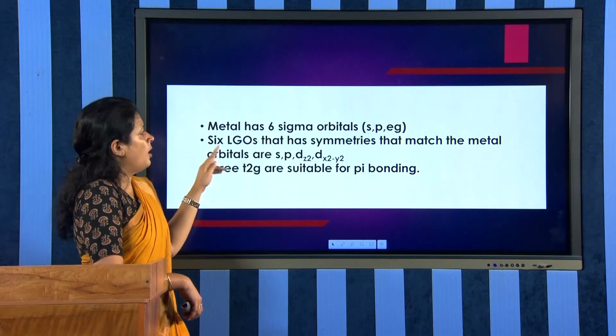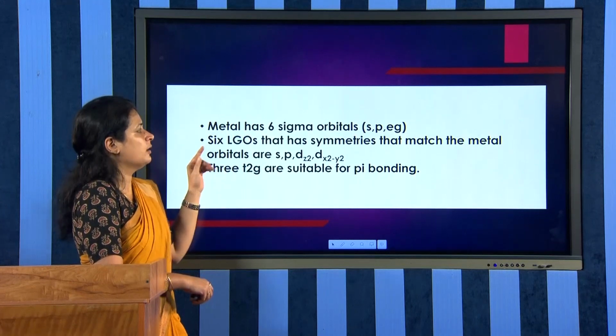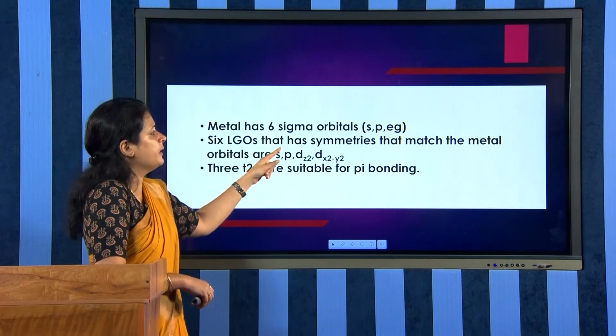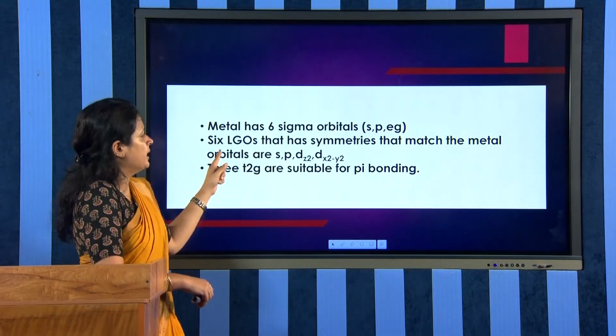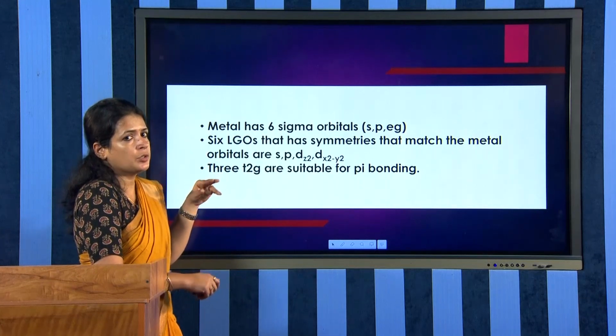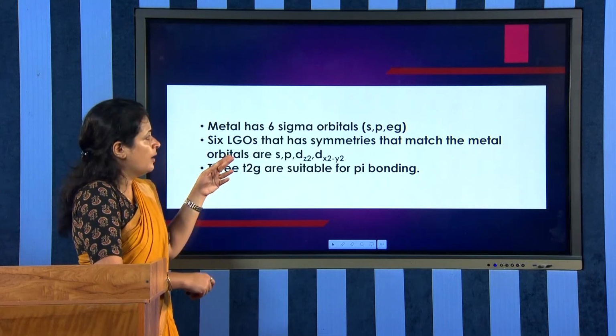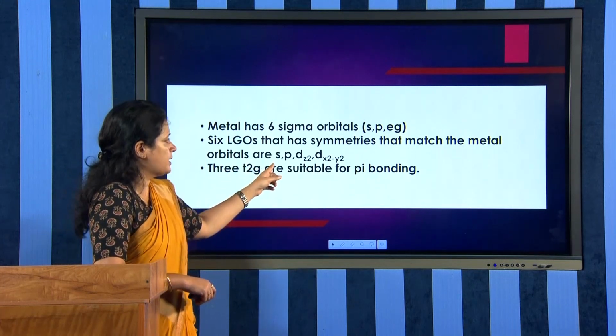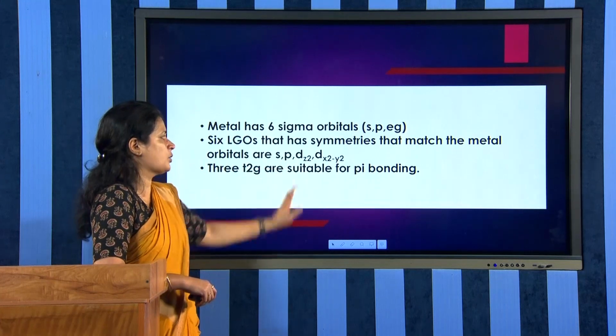And these 6 sigma orbitals should combine with the ligand group orbitals. So, the 6 LGOs that have symmetries matching the metal orbitals, that is, the ligand group orbitals should have symmetry matching the metal orbitals, which are s, p, dz square and dx square minus y square.